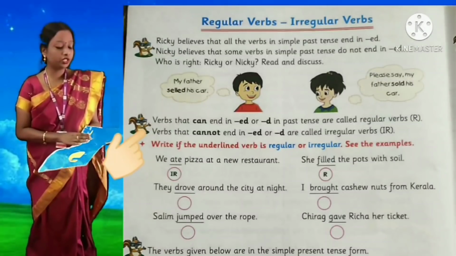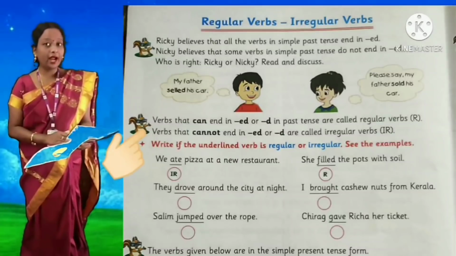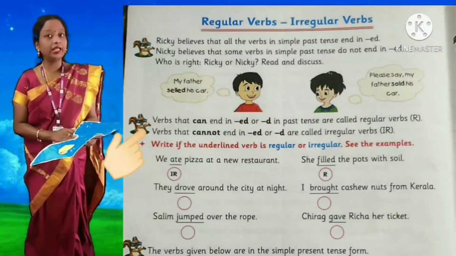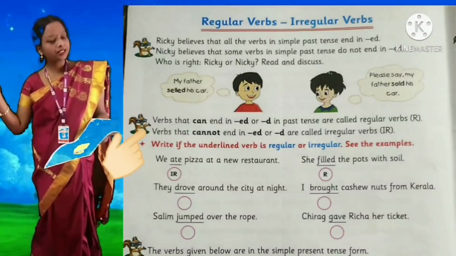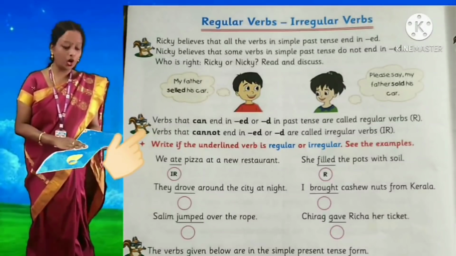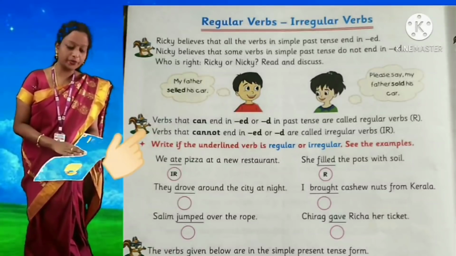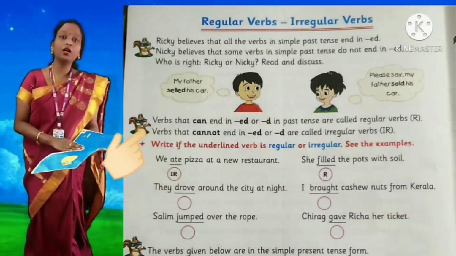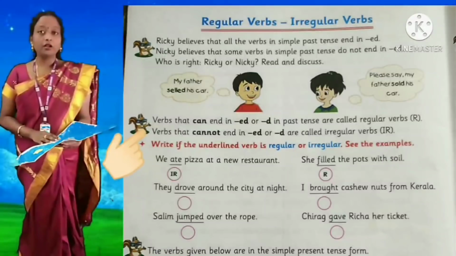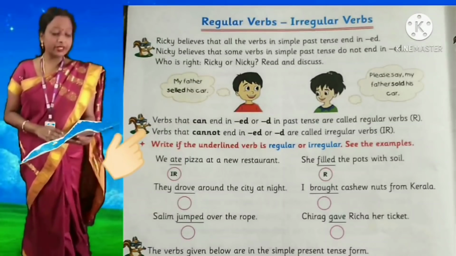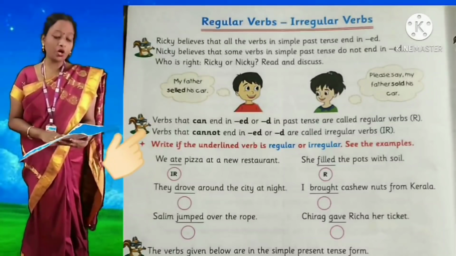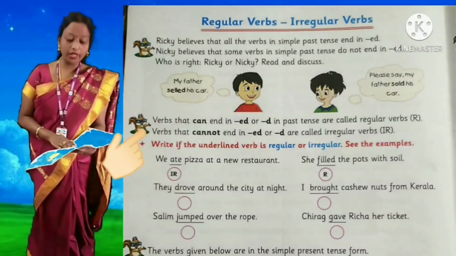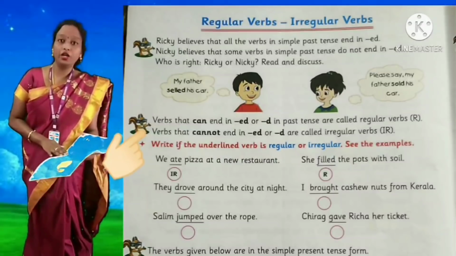Okay. Verbs that can end in ed or d in the past tense are called regular verbs. Now, verbs that cannot end in ed or d are called irregular verbs.